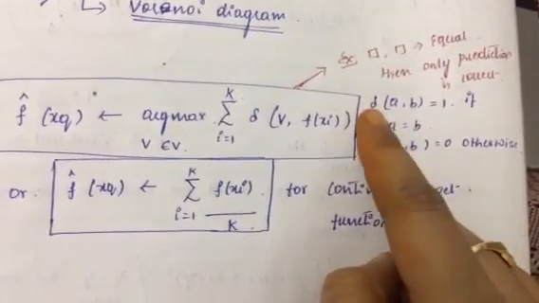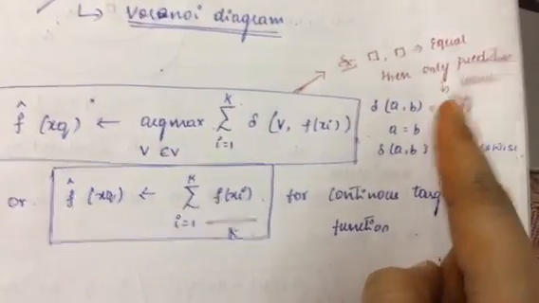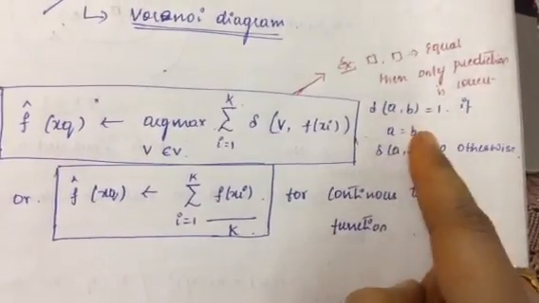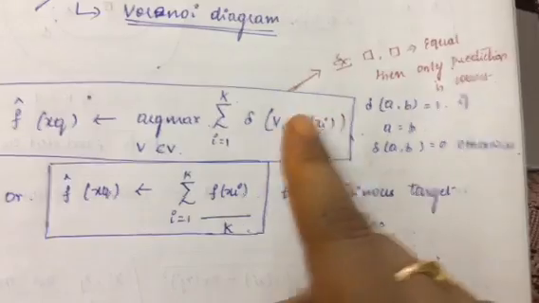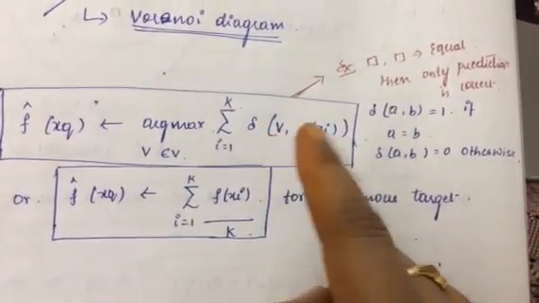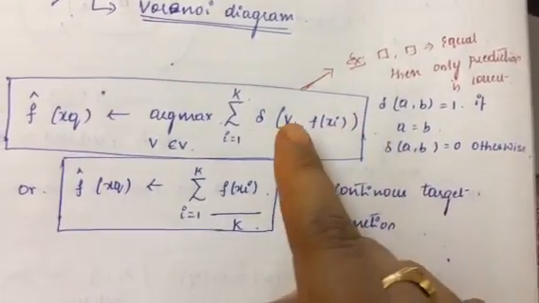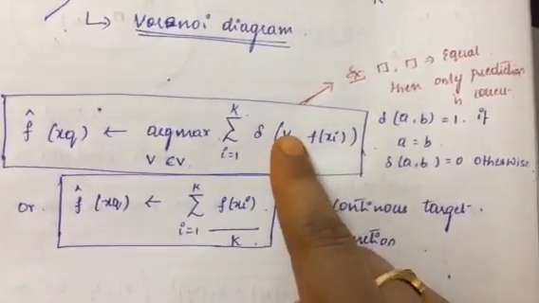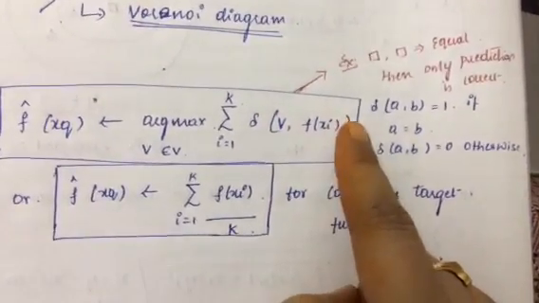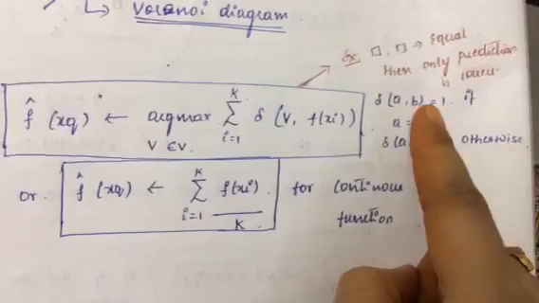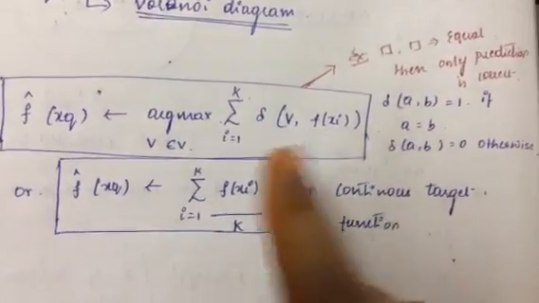How it works is, it is going to be 1 when both quantities are equal, that is when V equals f of xi, meaning if my query point prediction is equal to my target, then it is 1 and it is 0 otherwise.